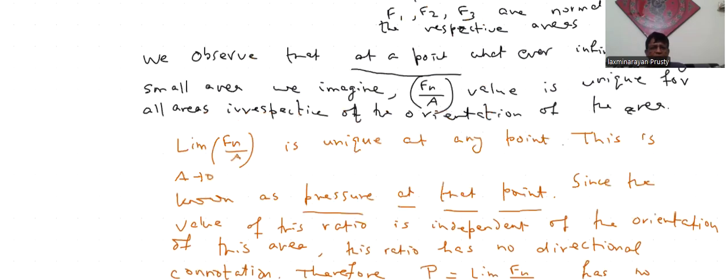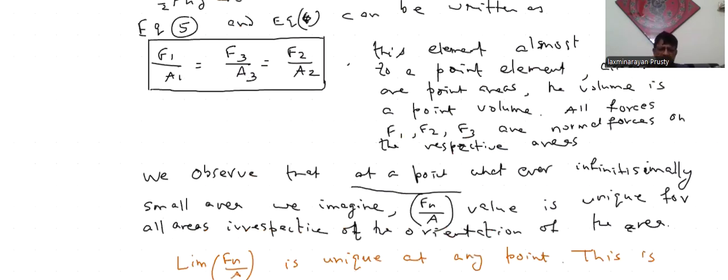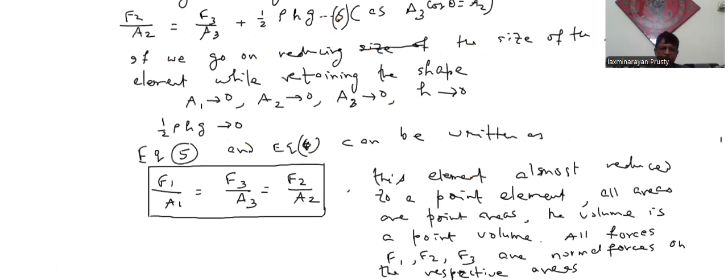So this is what I discussed today, a small conceptual point. Why is pressure a scalar? Because pressure is only defined at a point. You can say it is a point function, not a volume function or area function. Pressure at a point has nothing to do with what area we imagine at that point.